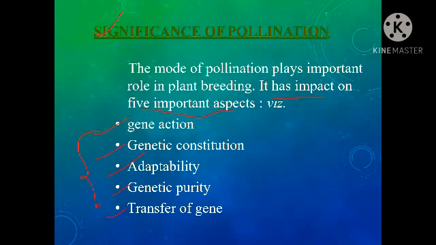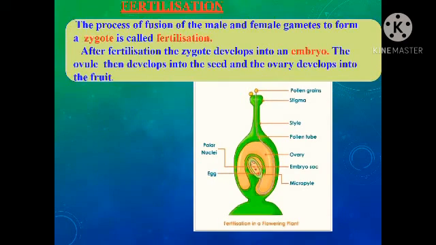Coming to the process of fusion of male and female gametes to form a zygote, which is known as fertilization. After fertilization, the zygote develops into an embryo. The ovule then develops into a seed and the ovary develops into the fruit.